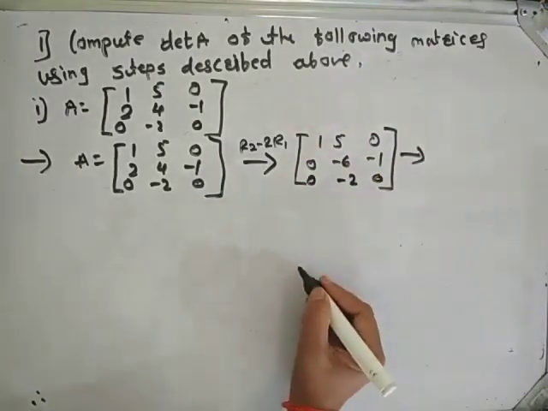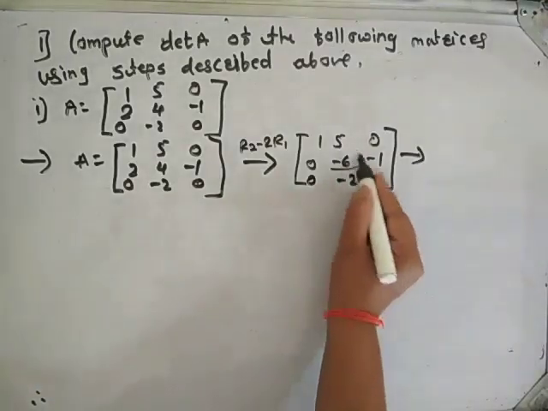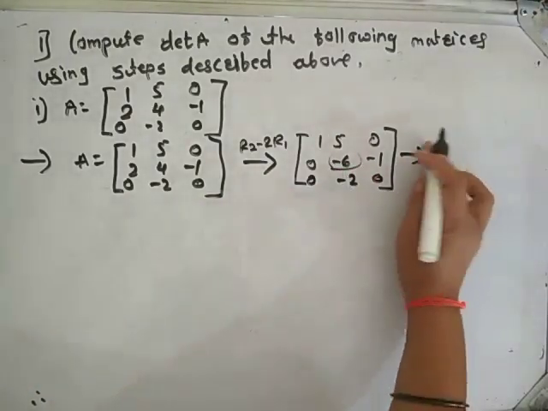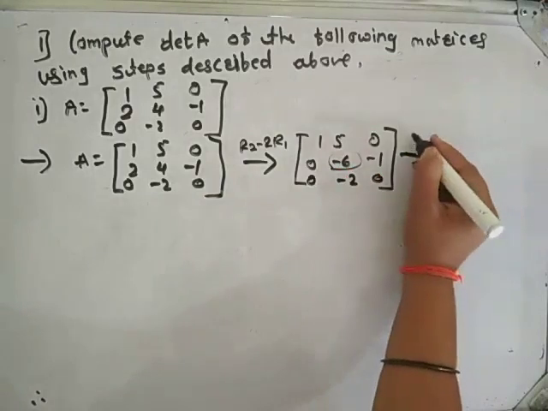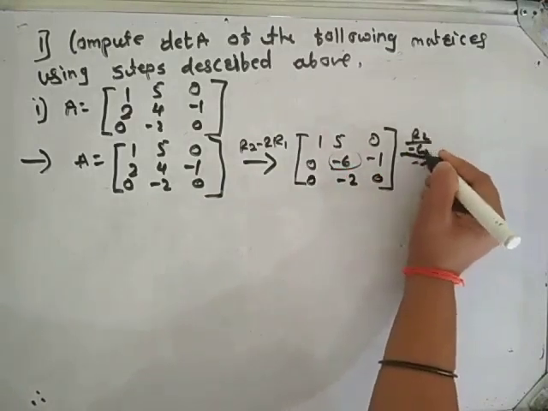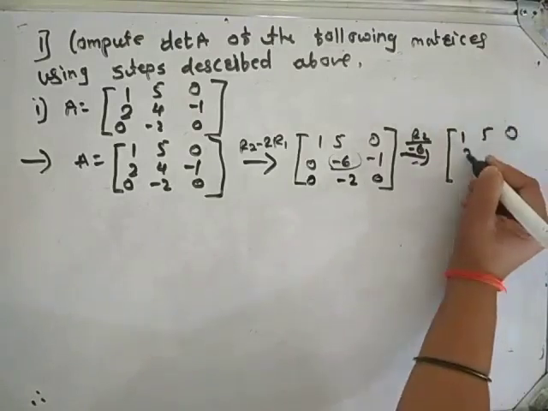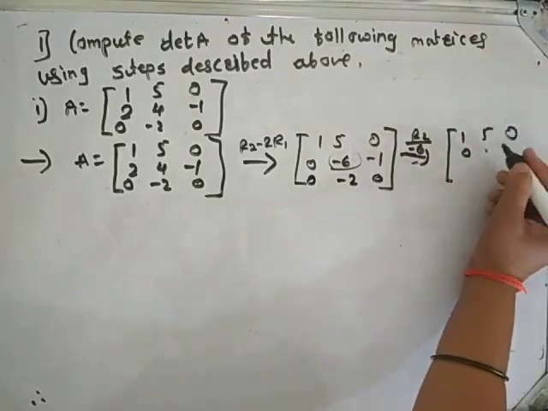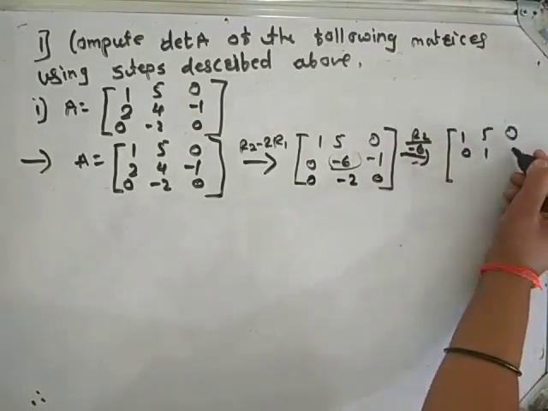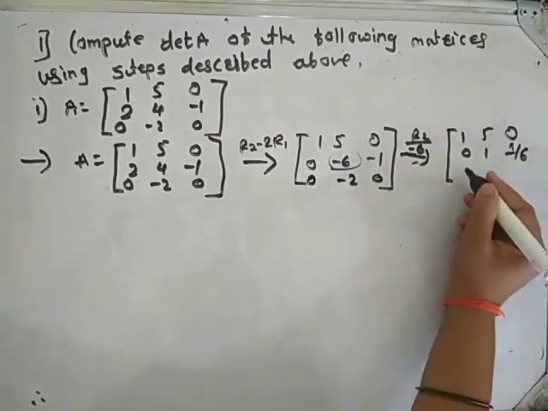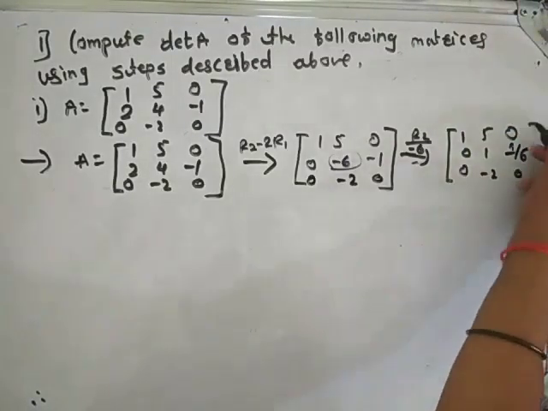Next we will perform a row operation. Here we require 1, so we will perform a row operation R2 upon -6. So we will get 1 5 0 0 1 1/6, and 0 -2 0.